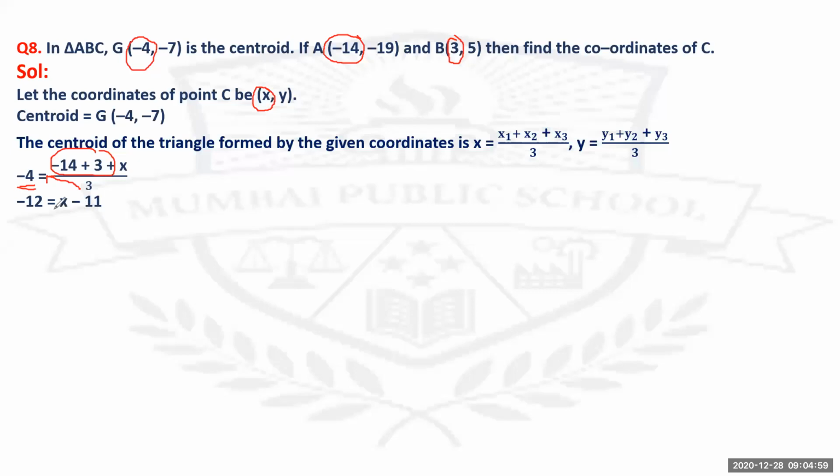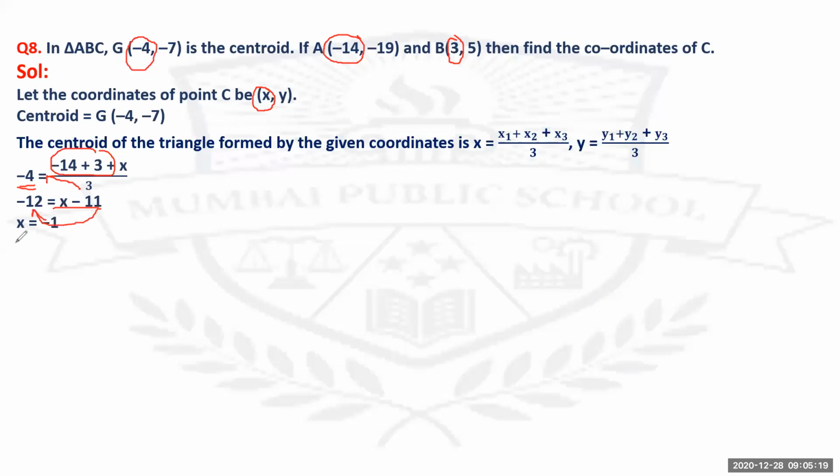So you are left with x - 11. Now to solve this, you'll keep x on the same side and shift -11 to the other side. When -11 goes to the other side, it becomes plus 11.